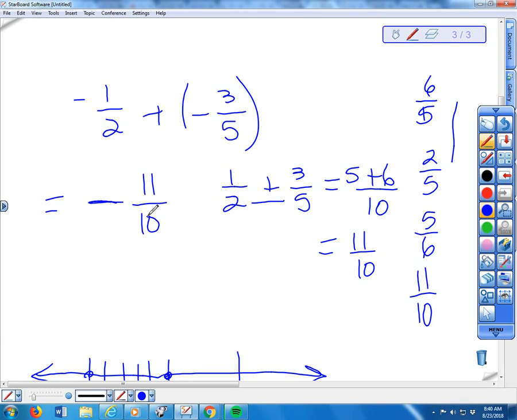Okay, it's not multiplication unless this is a times sign, or sometimes you'll see multiplication like this. If you see parentheses butted up against each other, this is multiplication. If you see a plus or minus between them, it's always an addition or subtraction.